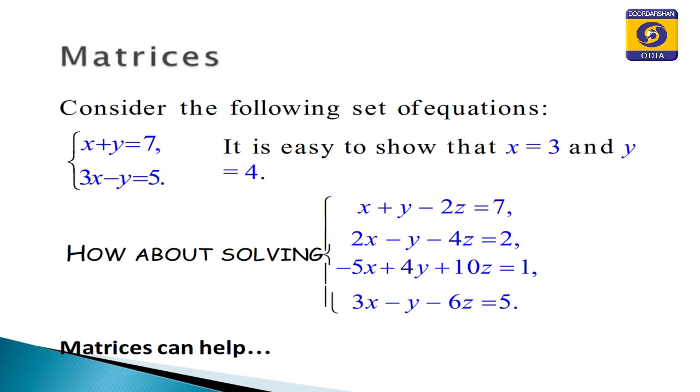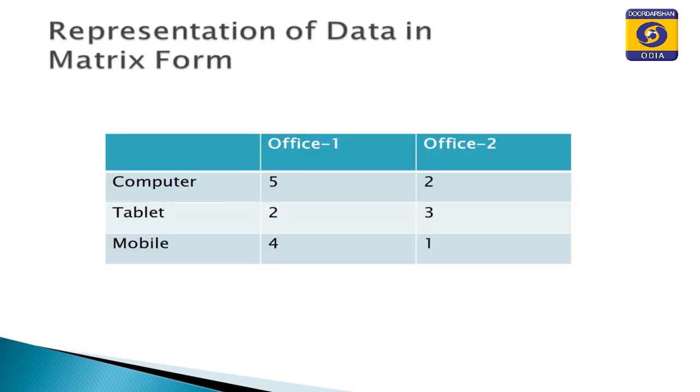But what about solving equations such as x plus y minus 2z is equal to 7, 2x minus y minus 4z is equal to 2? Such equations can be very tedious to solve by the elimination method. In that case, matrices can help us solve these equations easily.